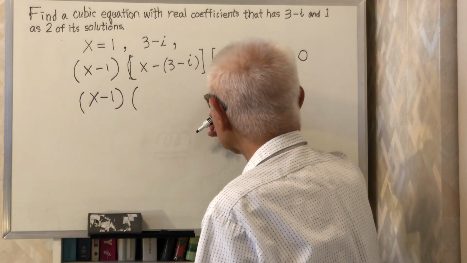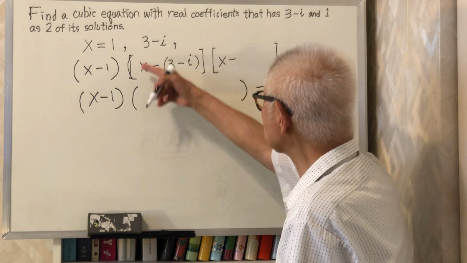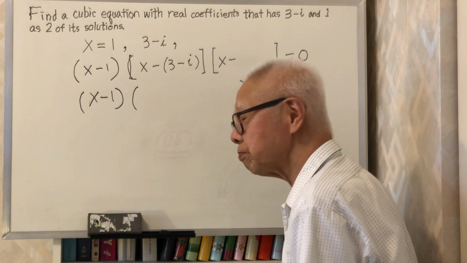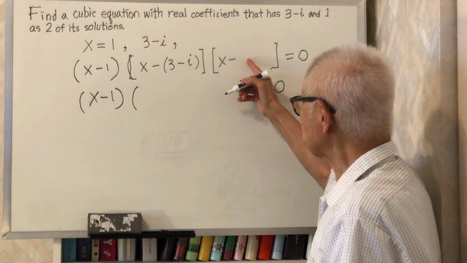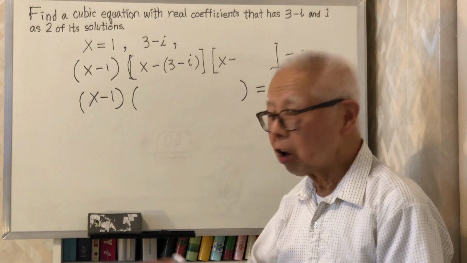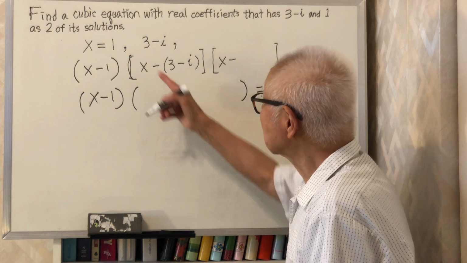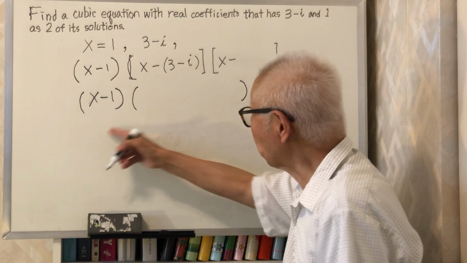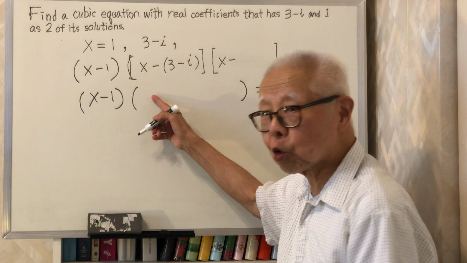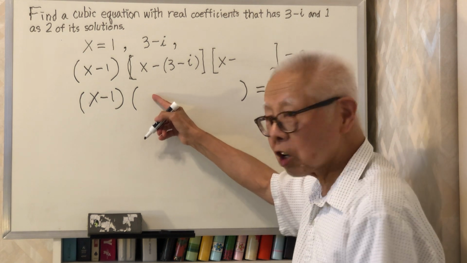So this bracket has to be this multiplied by this. But I don't know this. All I know is that it's a cubic equation. Therefore, this part must be squared. It has a square term there.